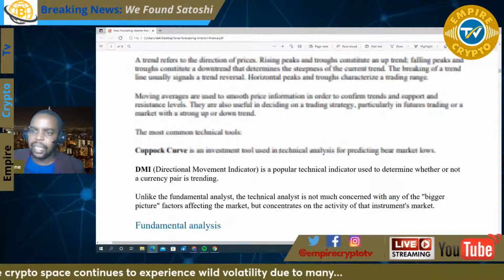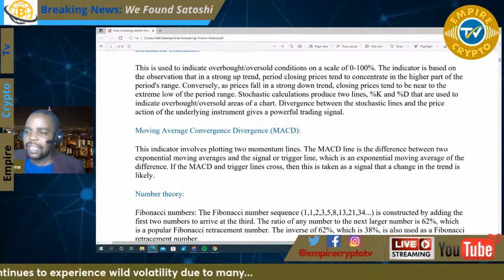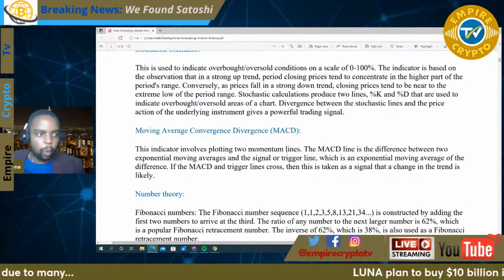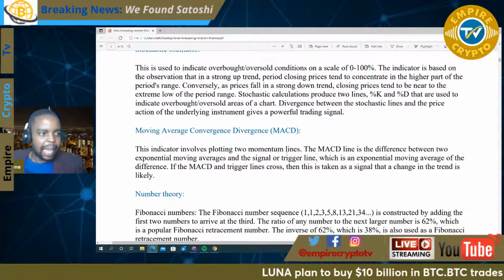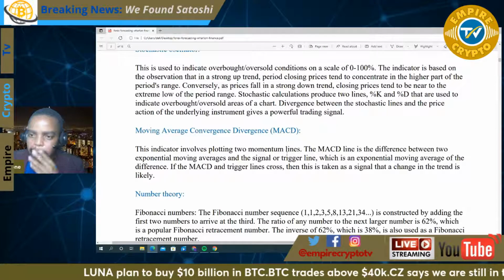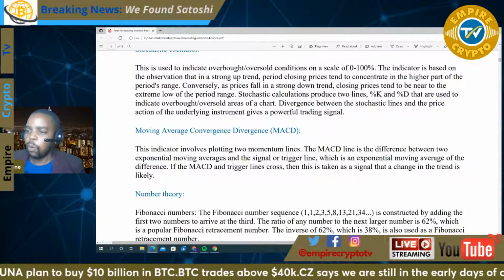All right, moving average convergence divergence, MACD. Quite popular, but there are people who still don't understand how it works. This indicator involves plotting two momentum lines.